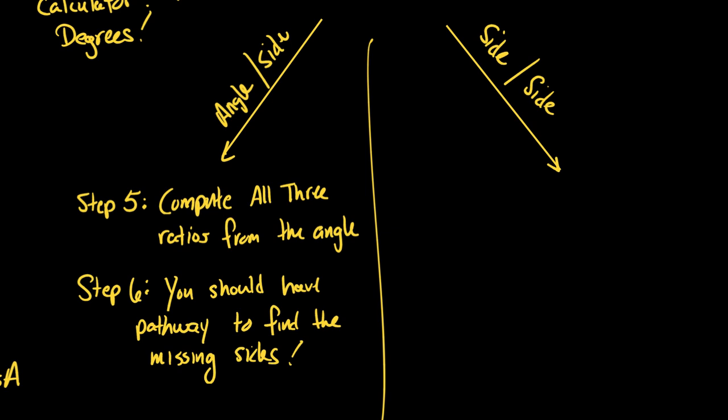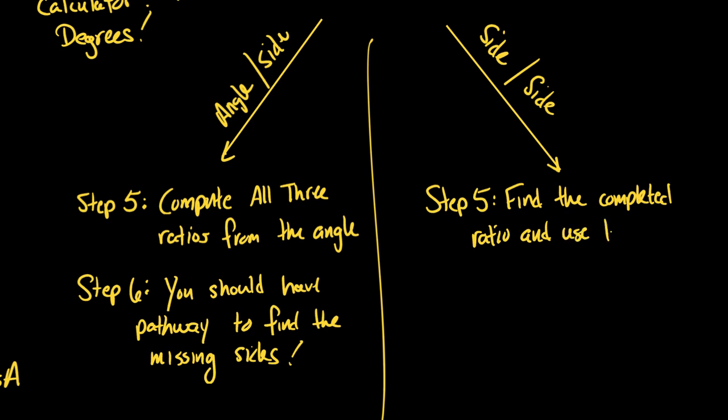Now, if you have side, side, you have to find the completed ratio, right? Because you're going to have 2 sides, so one of the ratios is going to be complete. Find the completed ratio and compute the inverse function. I'm going to put one more word in there to get the angle.